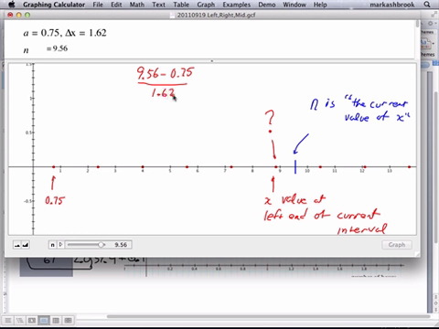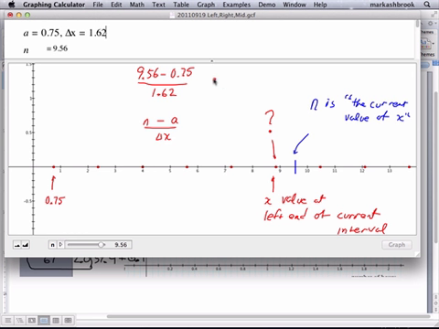1.62. So let's keep track of this. She took x minus a divided by what? Delta x. And why? Dividing by delta x, what does that achieve? Number of intervals. Okay.